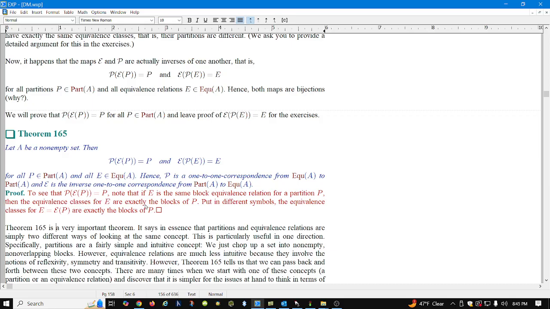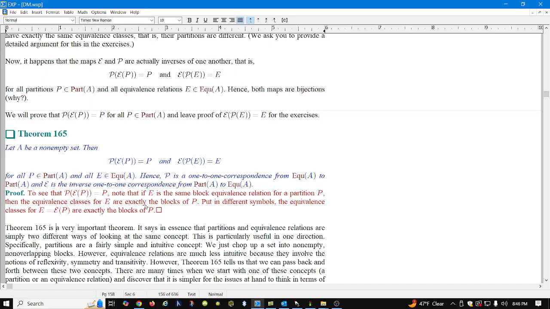But in the softer types, abstract algebra, logic, and other places, this will be important. What it says, in essence, is that partitions and equivalence relations are simply two different ways of looking at the same concept.